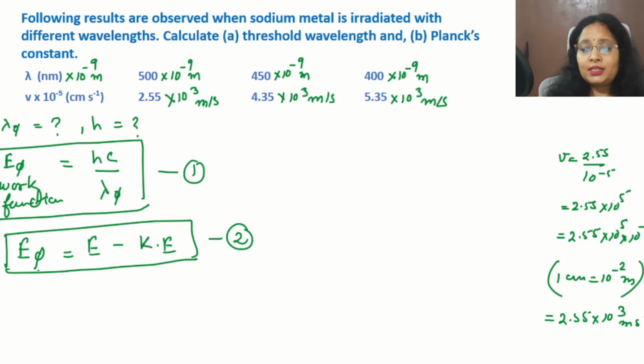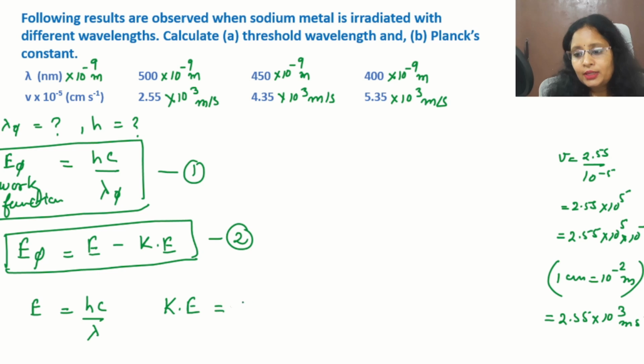Because energy is equal to, we have one more formula, E is equal to hc upon lambda. And lambda is given. We have three values of lambda. It means three values of energy of the photon we will get. And for kinetic energy, how to calculate kinetic energy? Our formula is 1 by 2 mv square. So velocity is given, m is the mass of the electron. So from here we will calculate the kinetic energy.